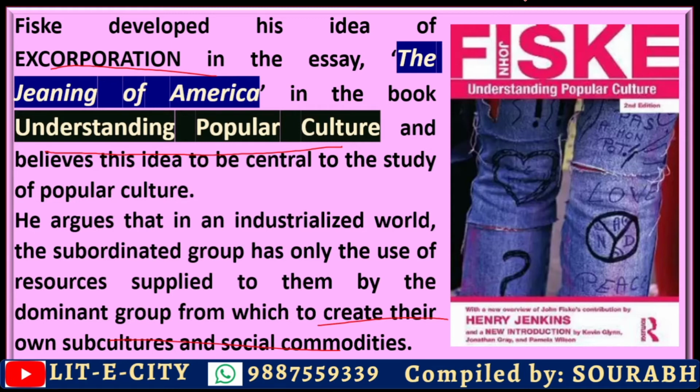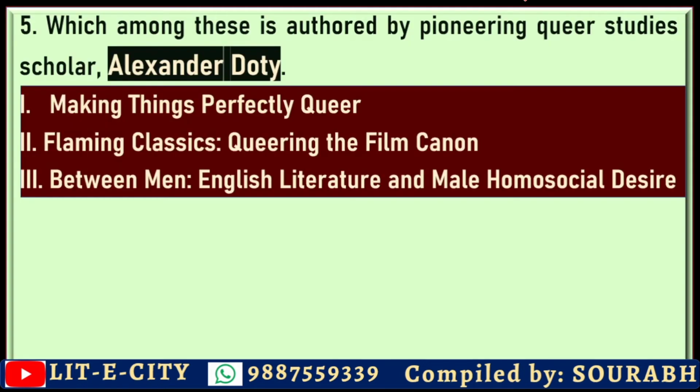Jeans is a very good example, which was actually given as a dress to be worn by laborers, but you can see it has become a part of popular culture. It has become an attire of public choice and molded according to them, and later it became a mass product, and later it shifted up towards the elite product.